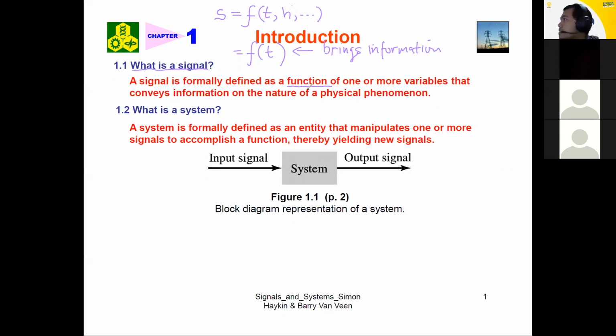Okay, let's take a look. For example, we conduct an experiment, something like this: measuring the body temperature. This is body temperature on the Y-axis, in degrees Celsius, and this is, for example, time.